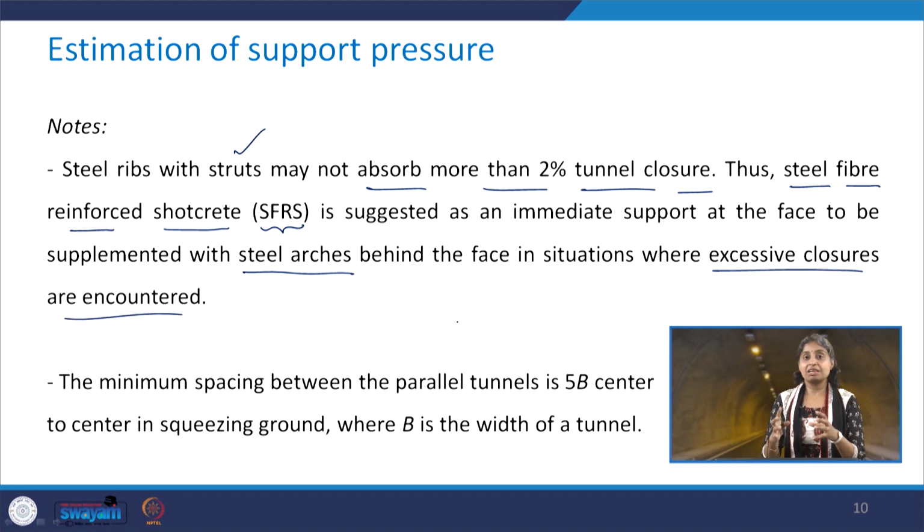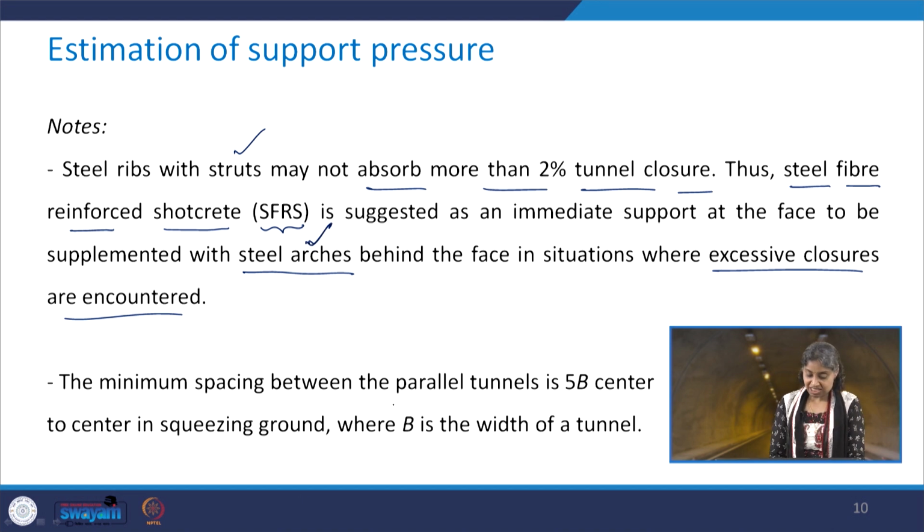So in case you have gone for the steel ribs with struts, then you should go with SFRS first as the immediate support, which should be supplemented with steel arches.